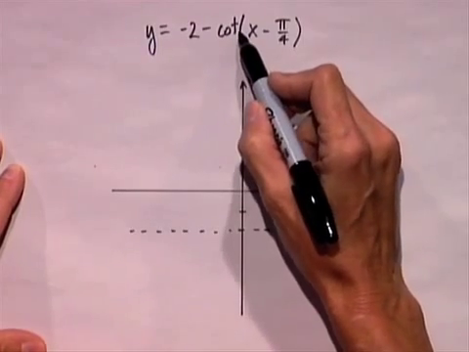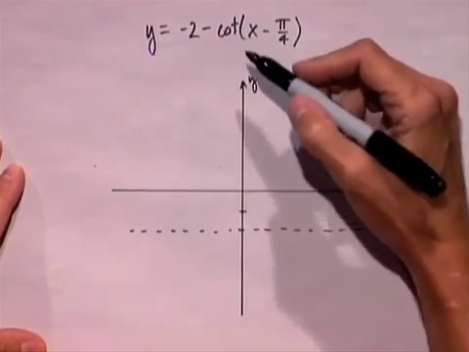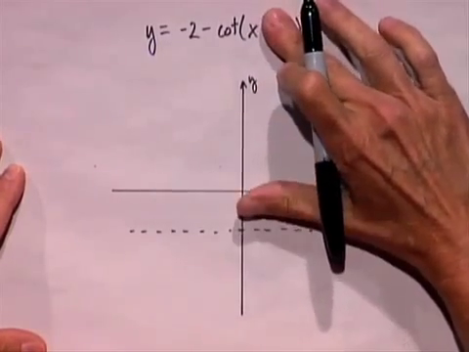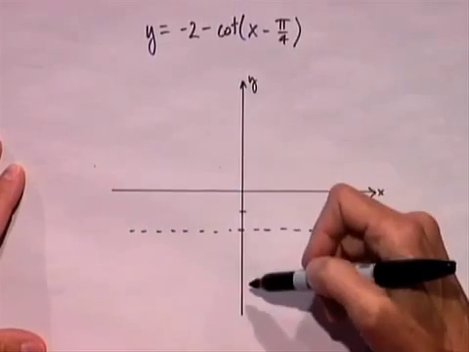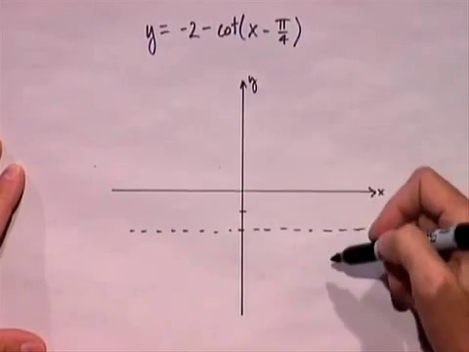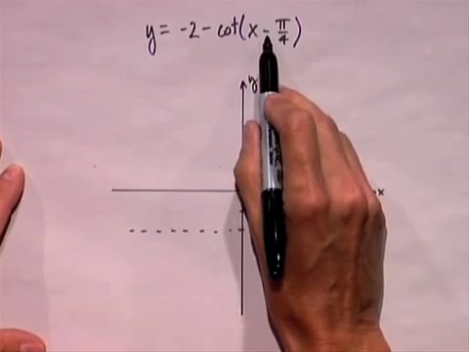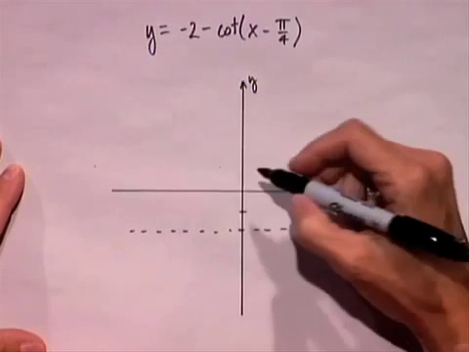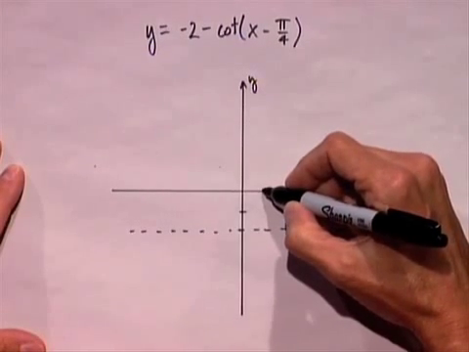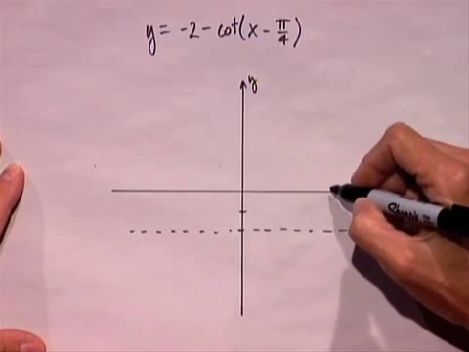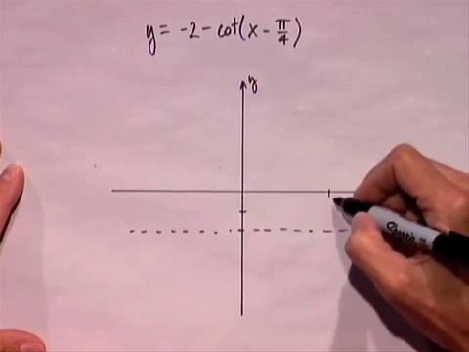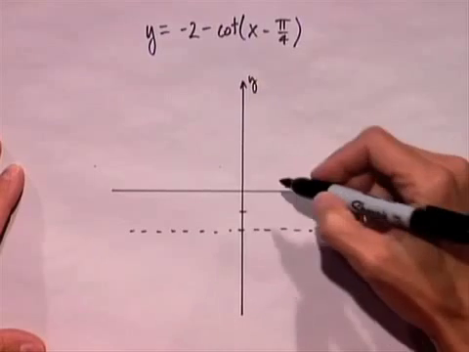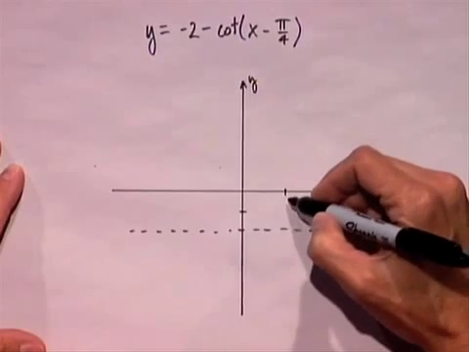Now, the cotangent's vertical asymptotes, without this horizontal shift, would be at 0 and at pi. But I want to shift the vertical asymptotes pi over 4 units to the right. So I know I need a pair of vertical asymptotes. Let me go ahead and label pi on my axis, and then there's pi over 2.